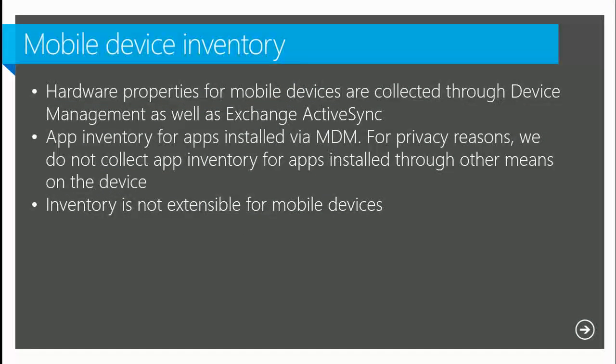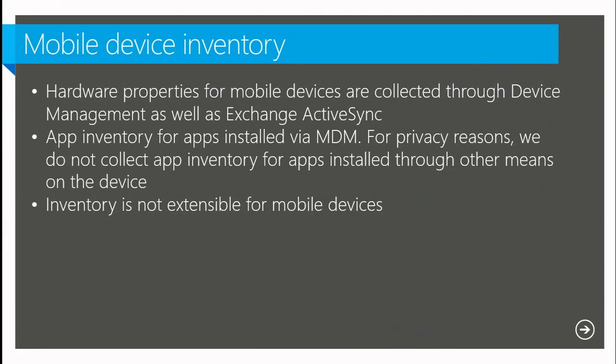Okay, so the next feature: once a device is enrolled, we do collect inventory from those devices. Every time the device checks in with the management service, we get a delta of whatever might have changed related to the hardware and software on the device. For hardware, the properties that we collect do vary platform by platform because each of the platforms exposes different sets of properties that we can collect.